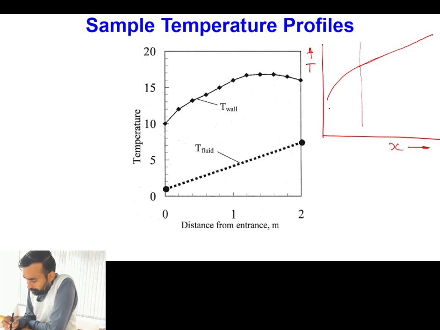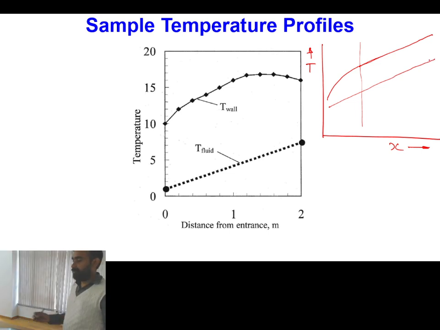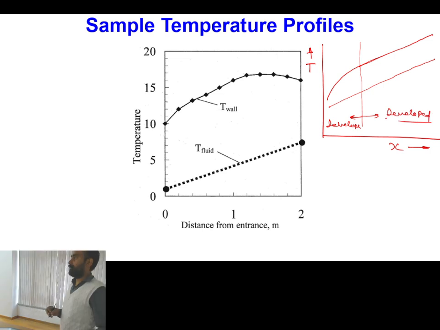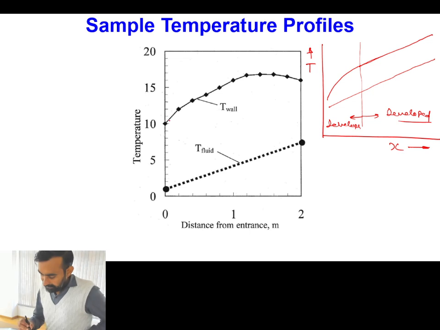And if you talk about the wall temperature, mean fluid temperature varies almost in a linear fashion. Okay, so this is developing region and this is fully developed region. Typically the expected value of the temperature profile, initially it will be almost linear, and near the end it will be saturating because of the edge effect.